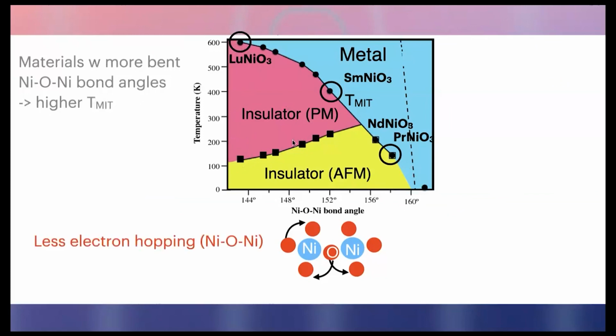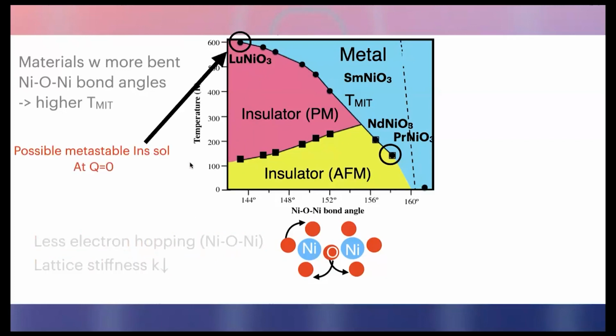So what this methodology allows you to see is that there are two main effects. One, you bend the bond angles, obviously you have less nickel-oxygen-nickel hopping, and this favors a more insulating state, so this raises the temperature. The other interesting thing is that it also lowers the lattice stiffness. So as you go towards the lutetium nickelates, the nickel-oxygen octahedra fight back less against the disproportionation, which is a new insight from this method.